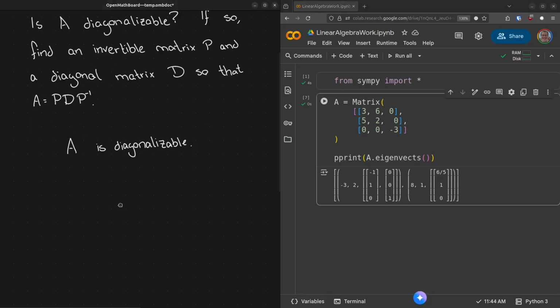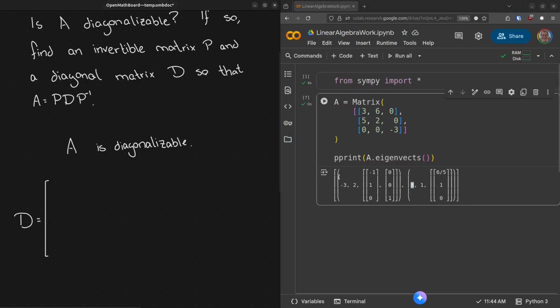All right, and we can easily find matrix D and matrix P now. Matrix D is going to be equal to the diagonal matrix where the diagonal entries are the eigenvalues. Now I have 2 eigenvalues, but I should have 3 entries along the main diagonal.